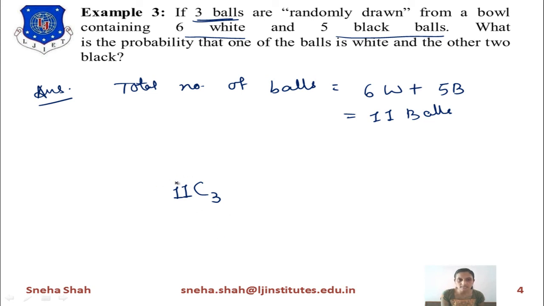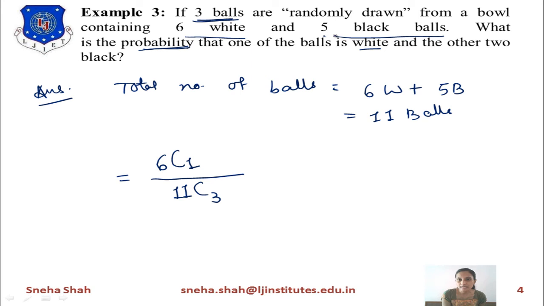From this total, we have to find the probability that one ball is white. This means from the 6 balls, we have to select 1 ball which is white. So from 6 we take 1 combination, so we will take 6C1.